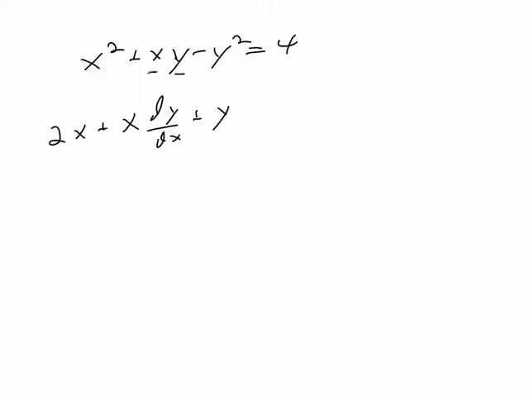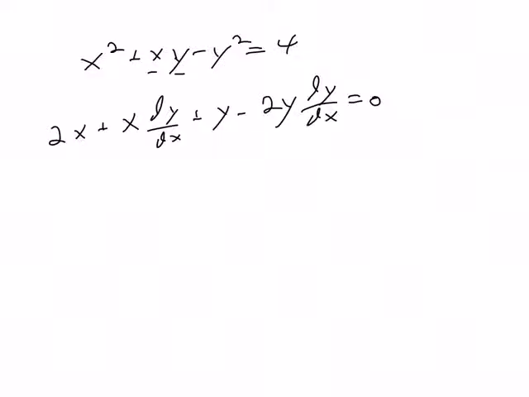We have x squared plus x y minus y squared is equal to 4. So what we get is 2x plus, and then we get x, and then dy over dx, the derivative of that, plus y times the derivative of this, which is 1, minus 2y dy over dx is equal to 0.